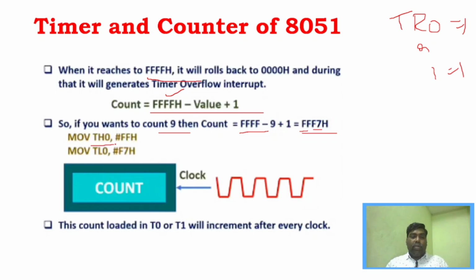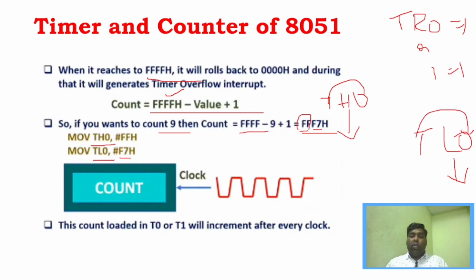So TH0 is FF, and F7 I save in the lower byte. TH is the timer higher byte, and TL is the timer lower byte. The 0 represents that I am using timer 0's higher byte and timer 0's lower byte. This is how you determine the count value.